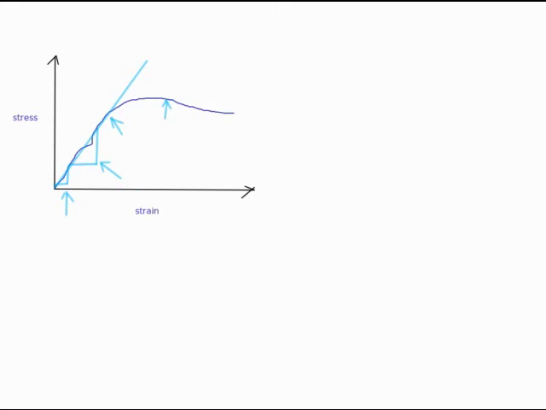But in our class we're going to be using this equation a lot, that the stress is equal to the slope of that line, which we call the elastic modulus, times the strain. And it is very important for you to recognize that as just a model.